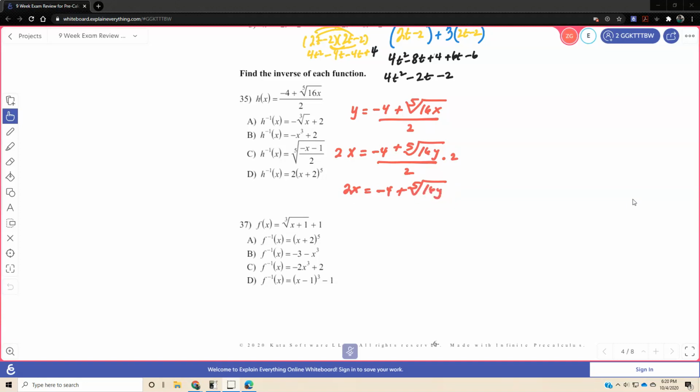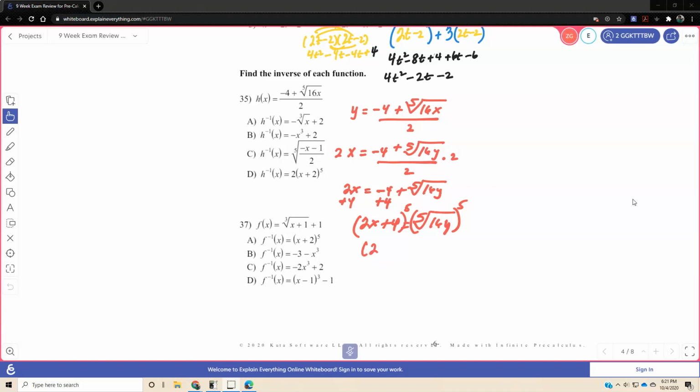You see how you have a negative 4 there? You're going to have to add 4 to both sides. So you have 2x plus 4 is equal to the fifth root of 16y. Raise the left side to the fifth power. Raise the fifth root to the fifth power, and those two will cancel.